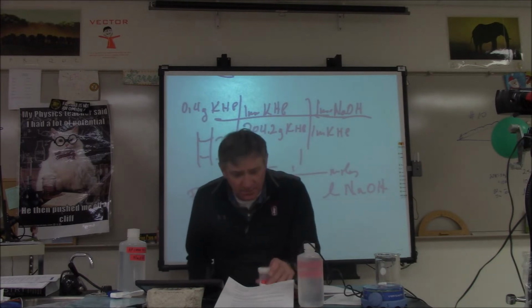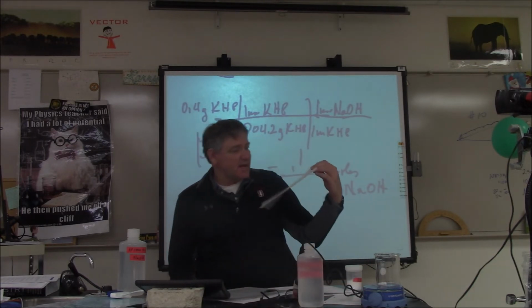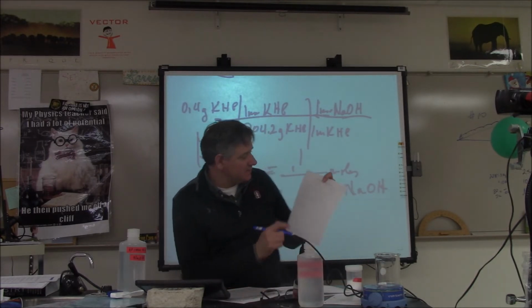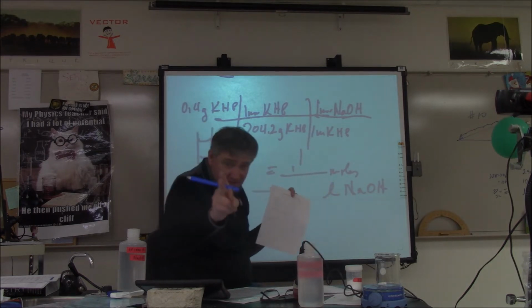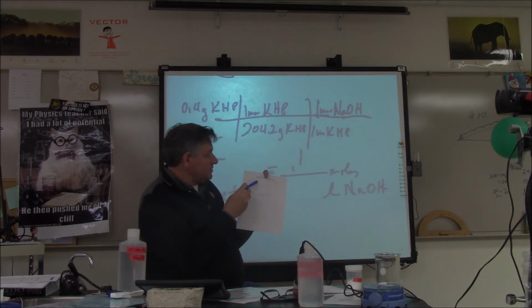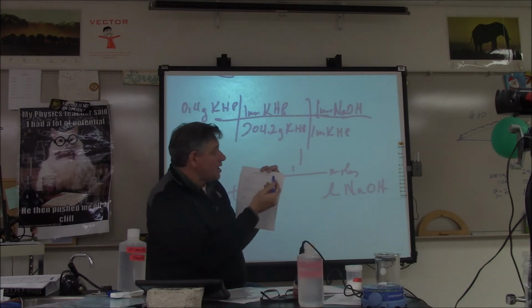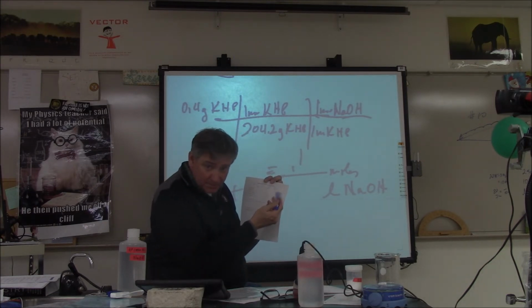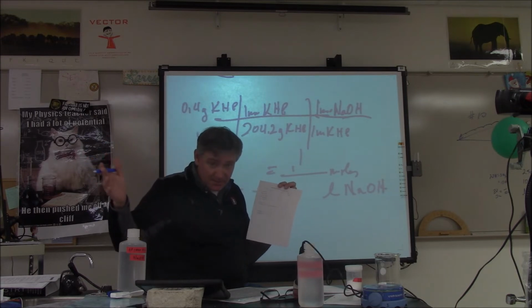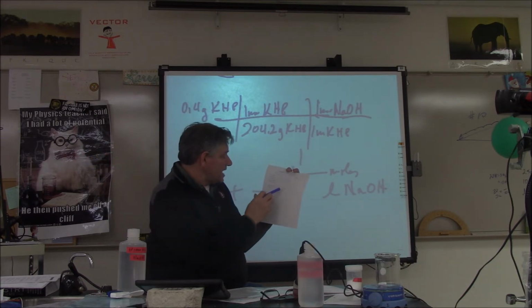So what you're going to do is, my Thursday group, listen to me. I want you to do trials 1 and 2. So you're going to do this twice. Up here, write down which bottle you had so that I know which data you've got. And then you're going to calculate molarity.